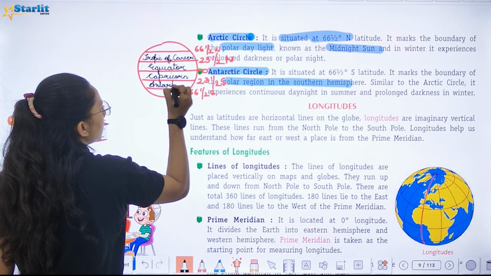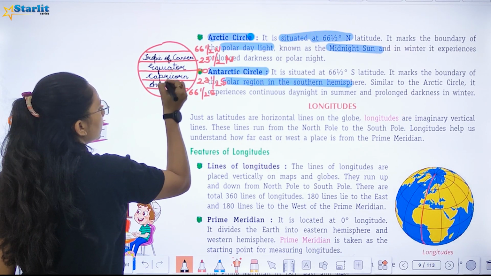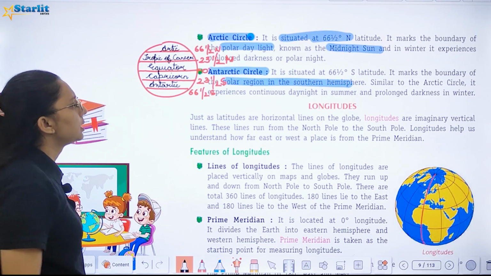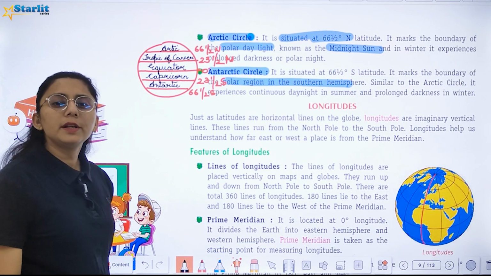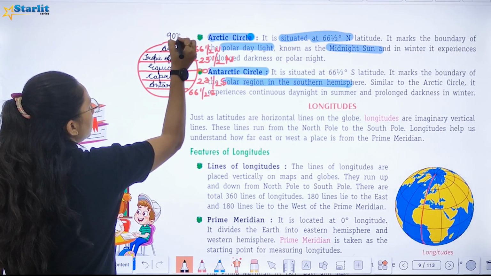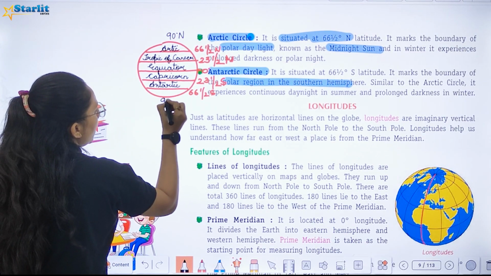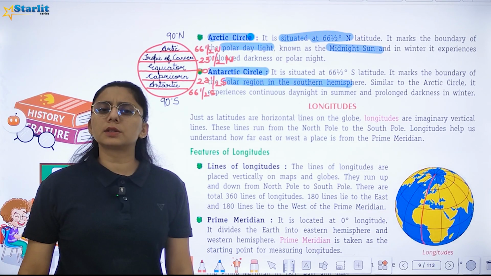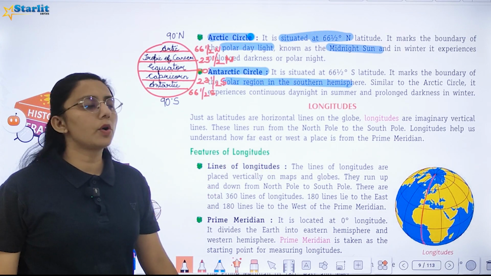This is the Antarctic Circle. This is the Arctic Circle. Right? These are the important lines of latitude. And here is marked 90 degree north. And here what do we mark? 90 degree south. Right? Now let's start with the next topic, that is longitude.